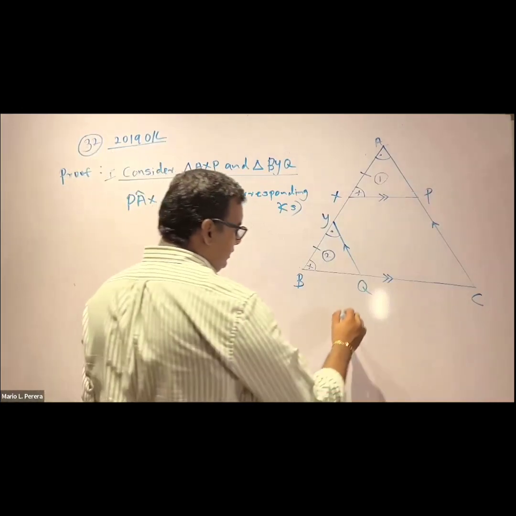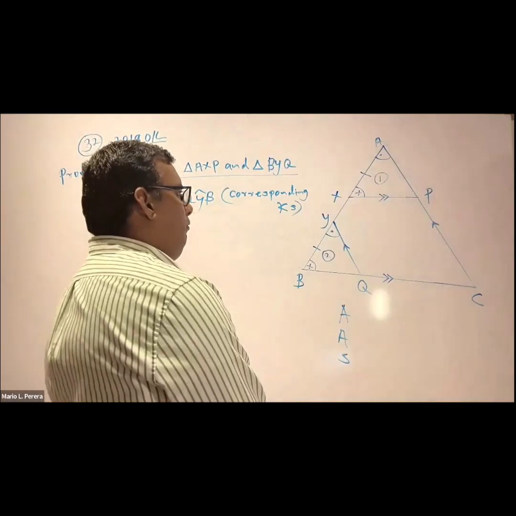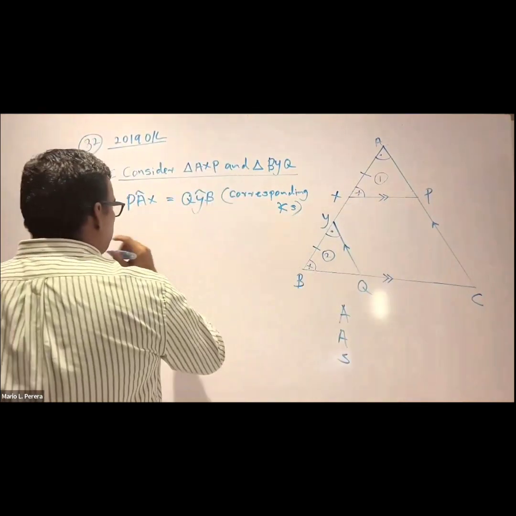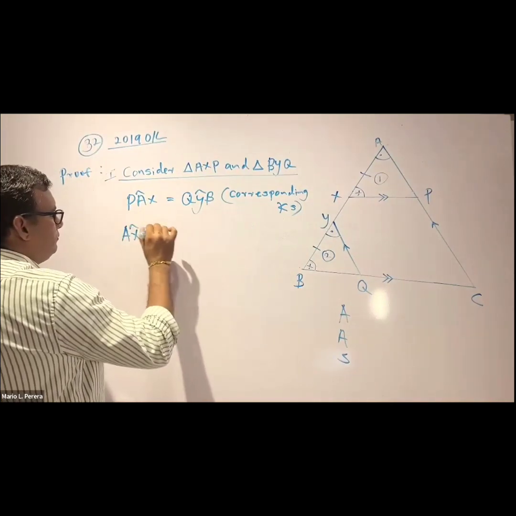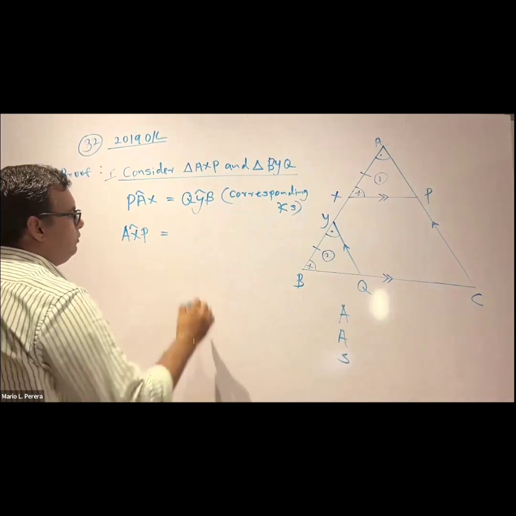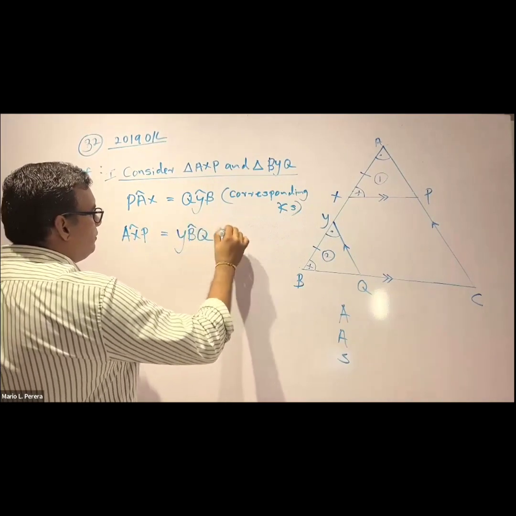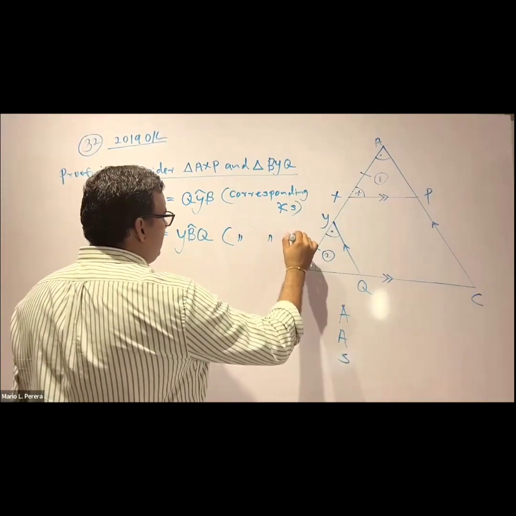If you are going to use AAS, we have to write that order, again angle. Then I write the cross angle, AXP angle equals YBQ angle. That is also the same reason, F shape corresponding angle.